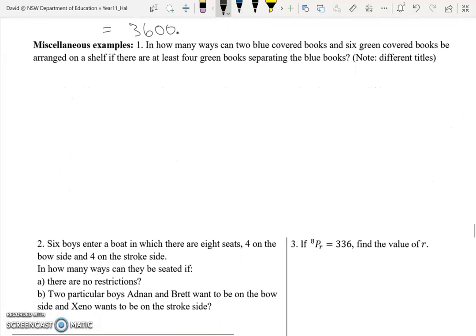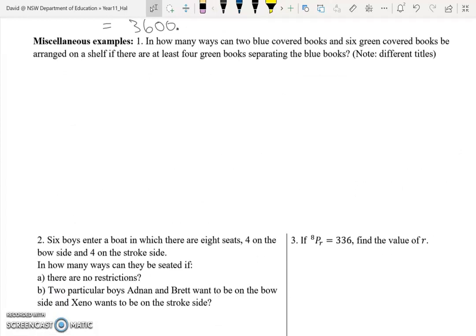Alright, now we're going to do a few random questions that are a little bit different. This first one here is very tricky, but we'll be able to do it. Let's do it. In how many ways can 2 blue covered books and 6 green covered books be arranged on a shelf?